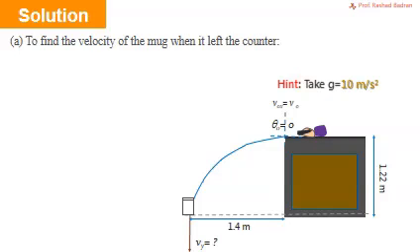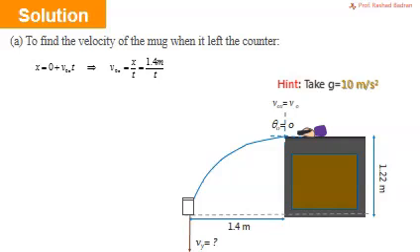Along its final parabolic path, the mug reaches the final stage, and its velocity is the highest because it's just before hitting the ground, and the distance of the mug at this moment is 1.4 meters away from the base, as the figure shows.